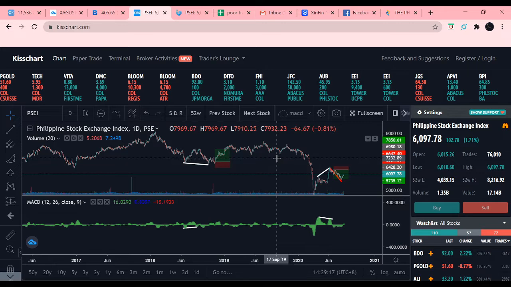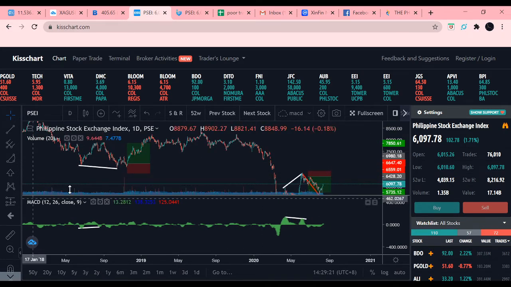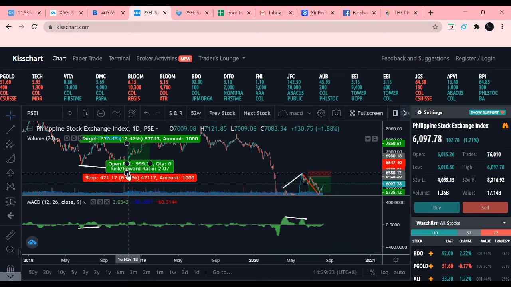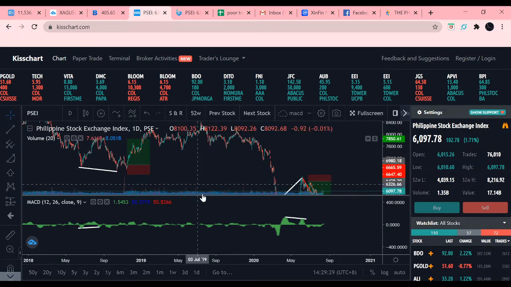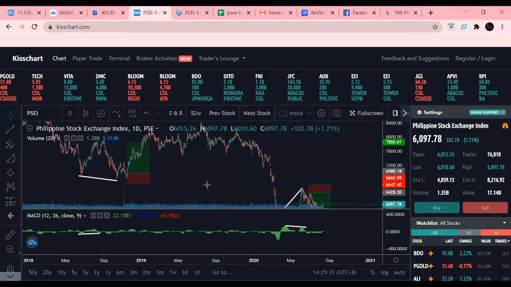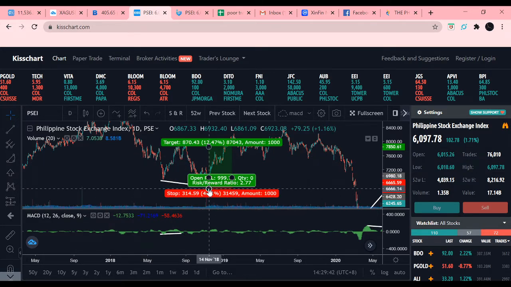So, that's my possible position to take or transaction to make. Actually, wait, let's check. That's my TP, and my cut loss area, at least here, has a little allowance.